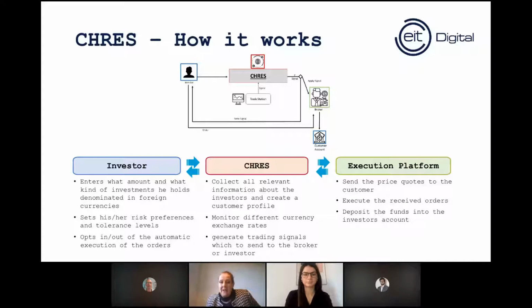So if we look now at the whole process of how CHRES will work: if you are an investor or a company wanting to hedge your foreign currency bills, you can come to the platform, enter your amount and which kind of investment you hold, and then we have a set of scenarios that you can choose from with different risk levels.